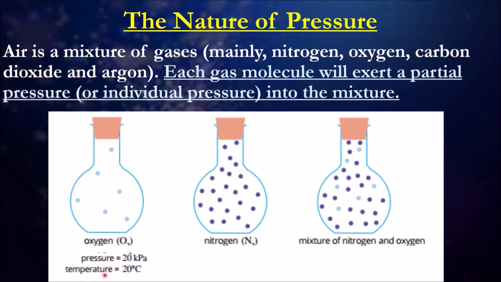I found that at a temperature of 20 degrees Celsius, oxygen exerts a pressure of 20 kilopascals. And then I look at the same thing at the same temperature for nitrogen. Nitrogen exerts about 80 kilopascals.